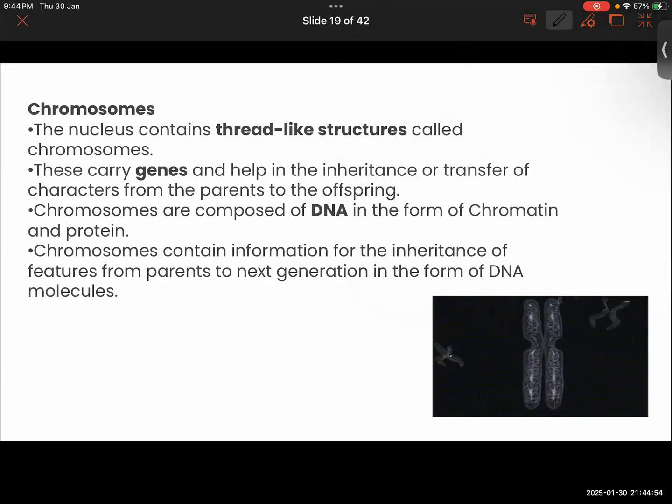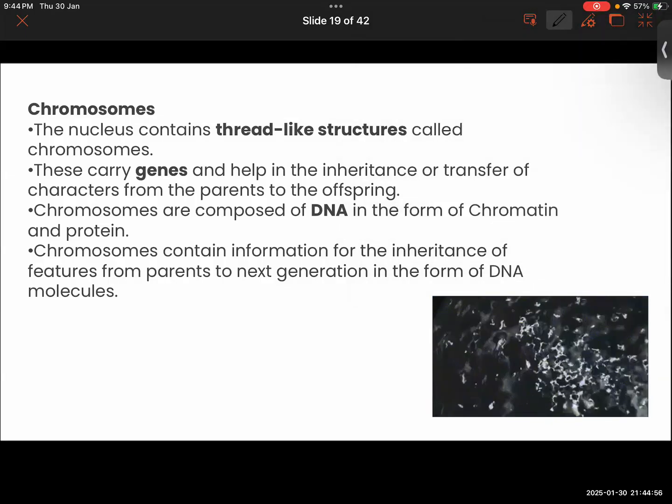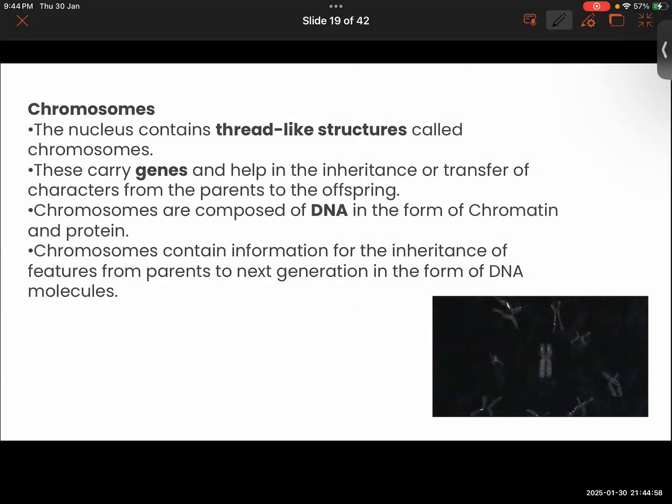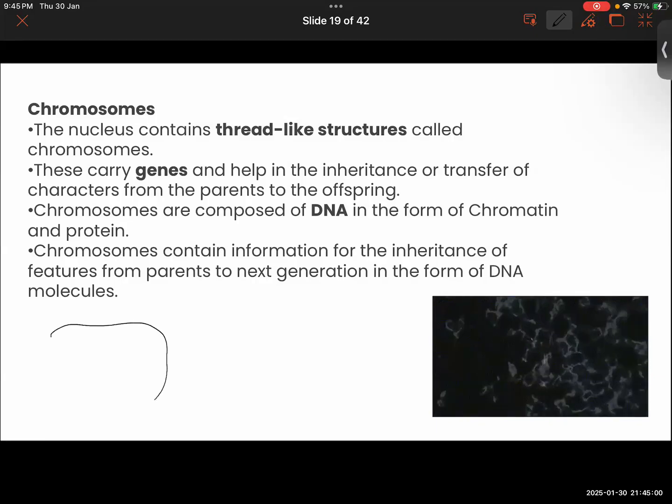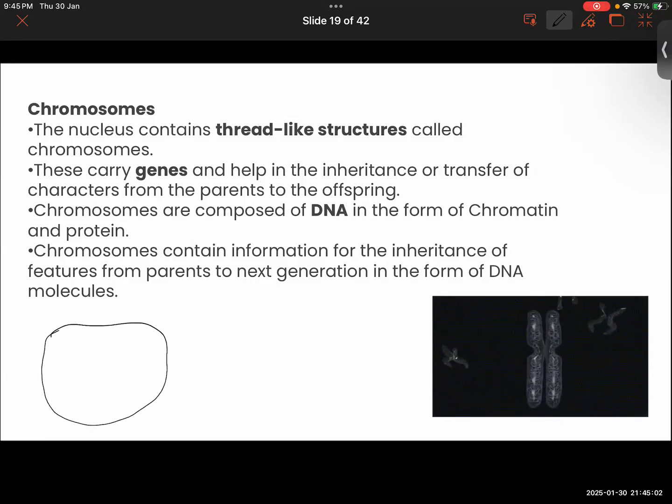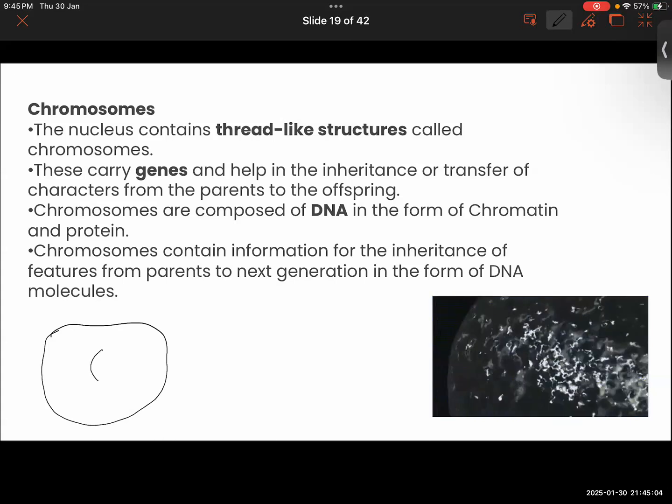Let me give you a general idea of where all these structures are present. Say this is a cell. Inside the cell, this is the nucleus.